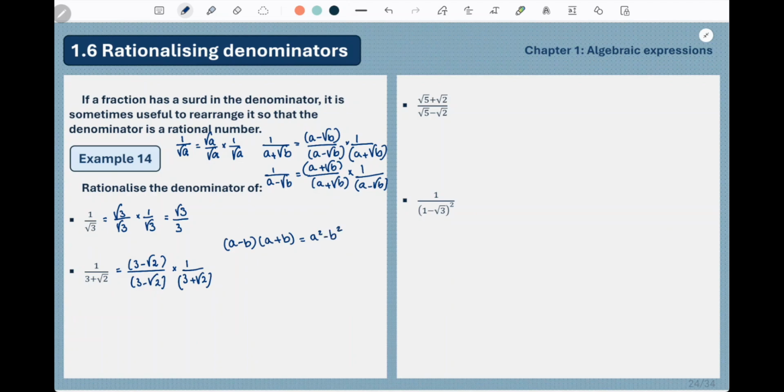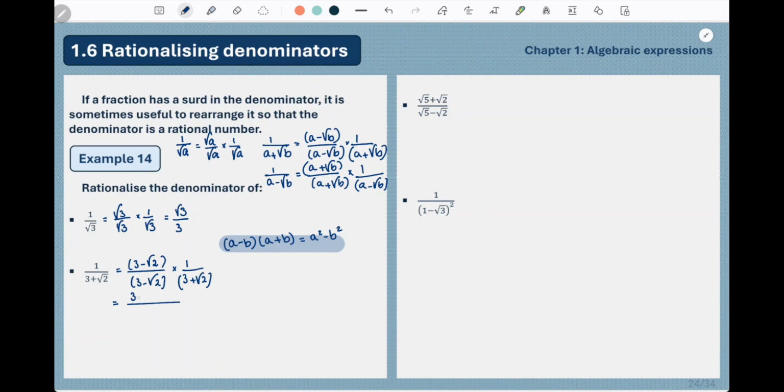Okay, so this is what we call difference of squares. It's very useful, especially here. You don't have to go through so many steps and add in whatever. So as you can see, it does match the identity. So let's identify which is A and which is B. In this case, A is 3 and B is square root of 2.